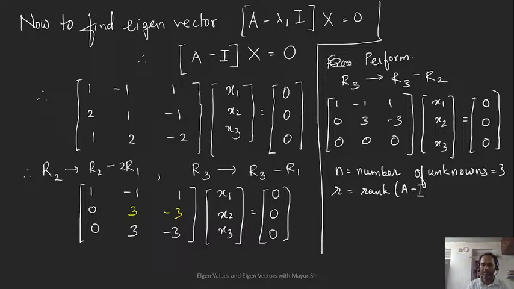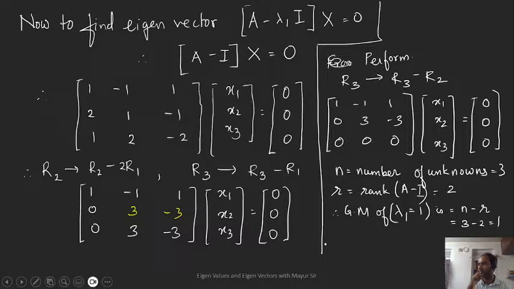The rank of A minus I is going to be 2, and therefore GM of lambda 1 equal to 1 is n minus r, which is 3 minus 2, that is 1.